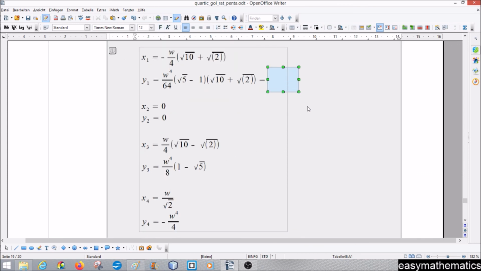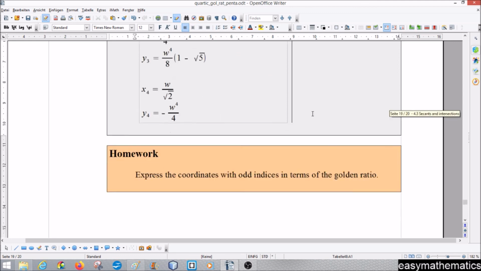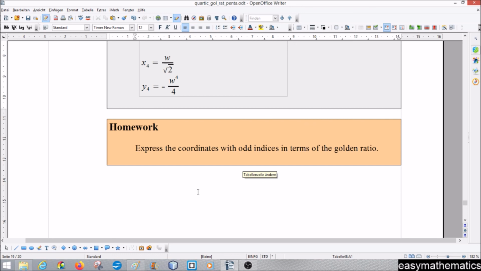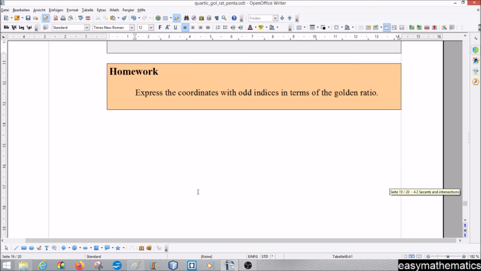And what I want to say here also is, for example, y1 can be written as w to the power 4 over 4 times phi, where phi is the golden ratio. Another homework for you is to express the coordinates with odd indices in terms of the golden ratio.